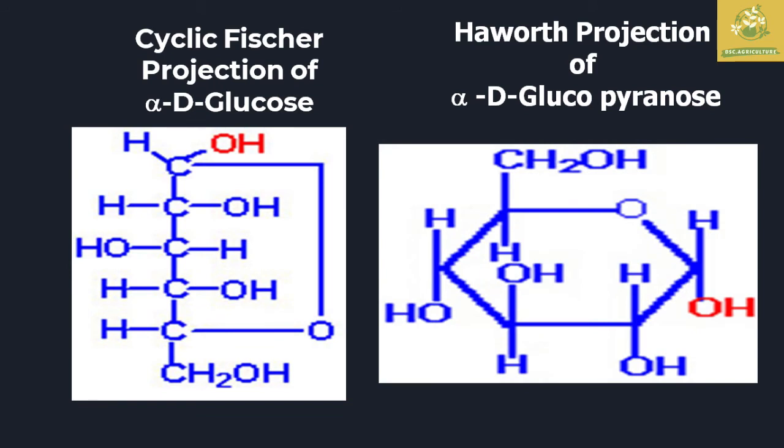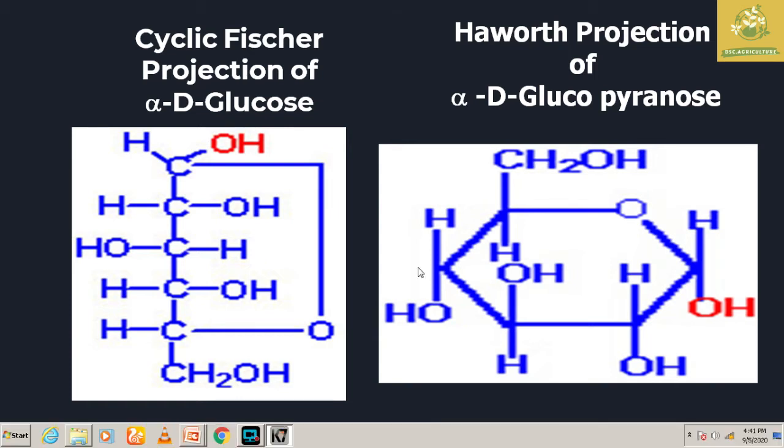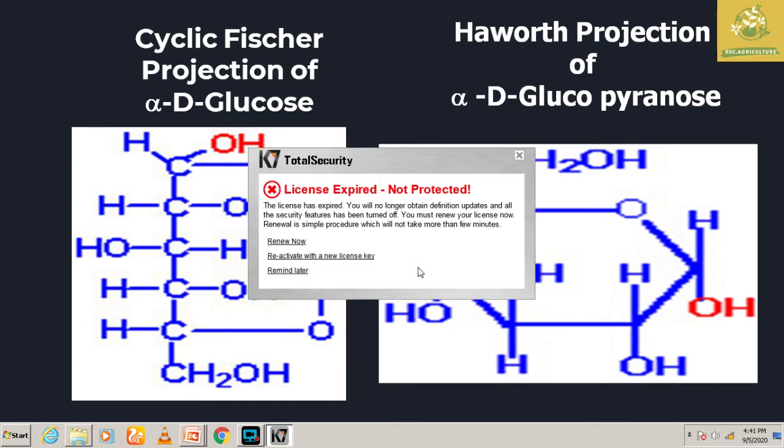You can see different types of projections, where the cyclic Fischer projection of alpha D glucose shows a straight chain of C groups where the O is a connecting bond between the first carbon and the fifth carbon. In the Haworth projection of D glucose, you can see a complete cyclic structure.